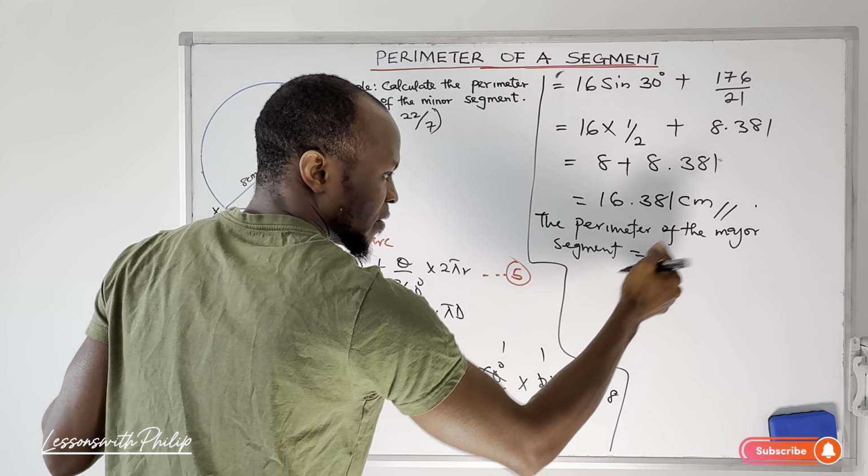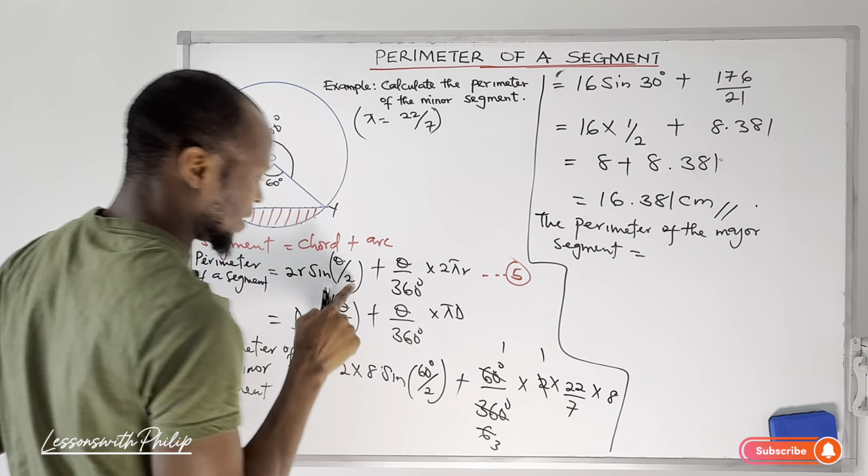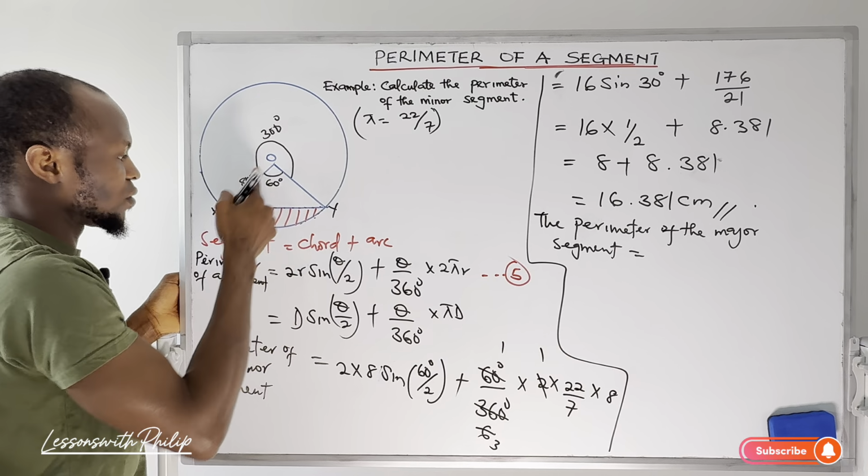Now for the major segment, that will be my theta, and my radius is still 8 centimeters. We have 2 times 8 sine theta, where theta is 300.